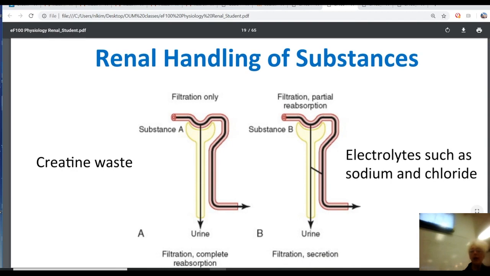So let's take a look at how the kidney handles some substances here. And this is going to get a little bit, not to be funny or punny, convoluted, because filtration isn't that easy.